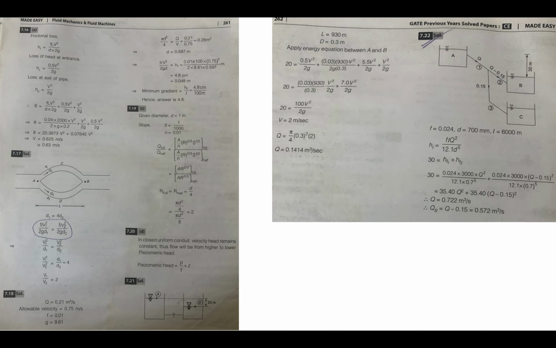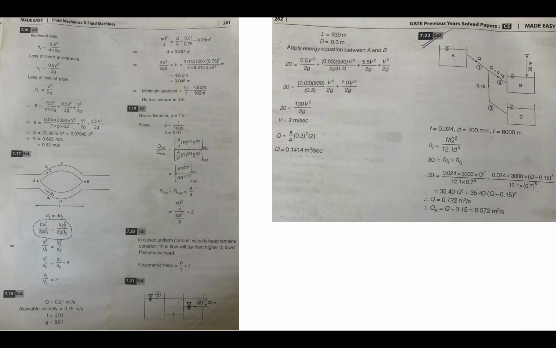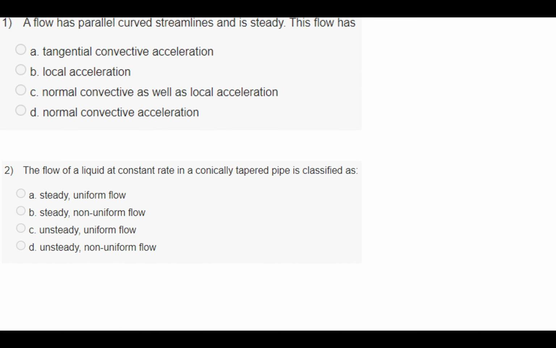Let me take one question from this book also. Let me take question number 70, because we have discussed a lot about series pipes, and some parallel questions, the parallel network also.